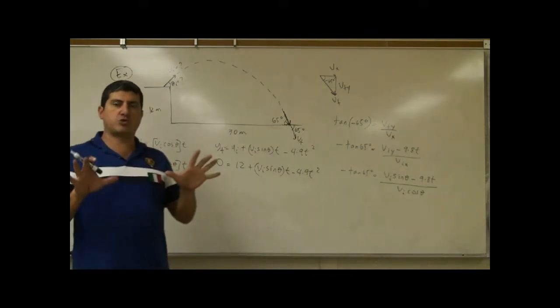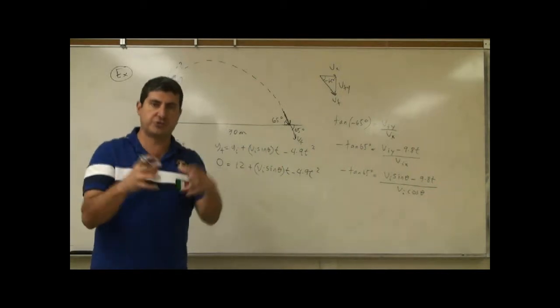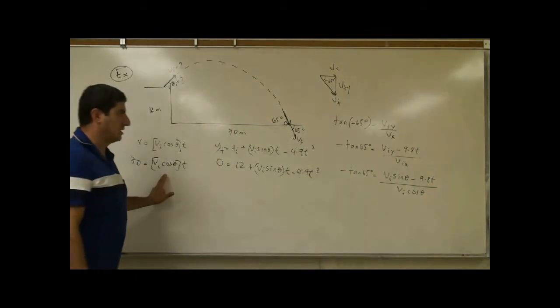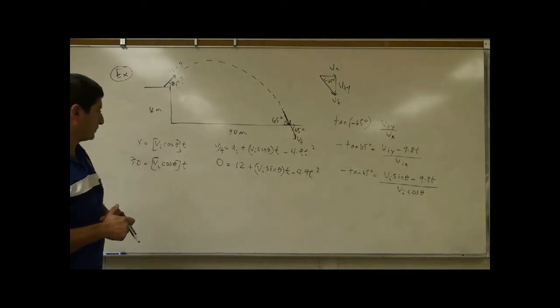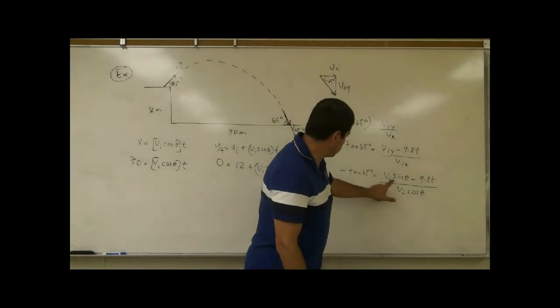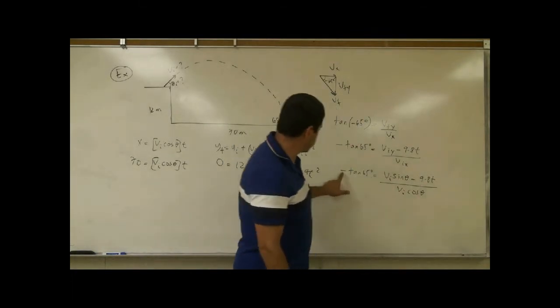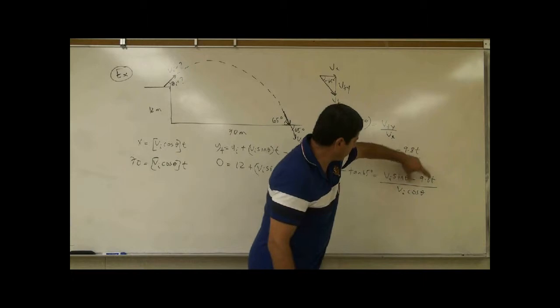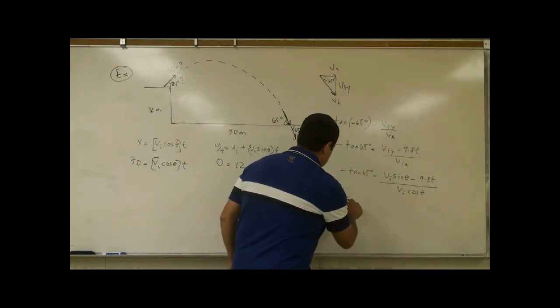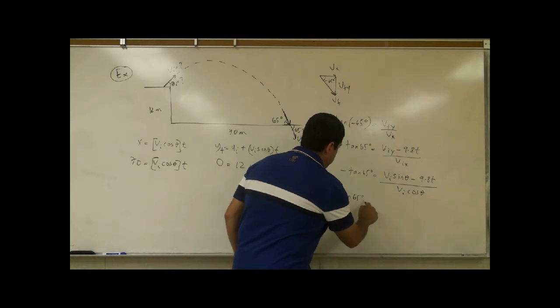Now we can actually find a way of putting all three of these equations together, this one, and this one, and solving for the variables. Let's do this. Let's divide this by this, and then this by this, and then let's take the negative and switch the order. Okay, so we're going to get tangent of 65 degrees.